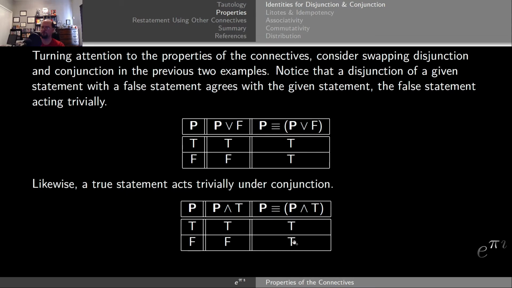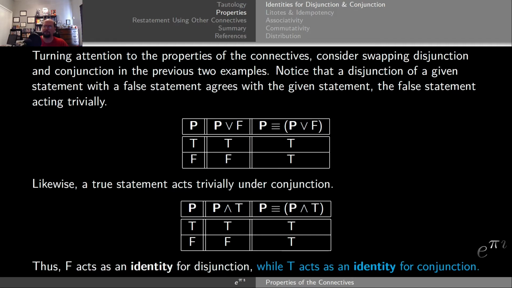False is equivalent to false, gives me a true statement. Notice that this is also a tautology. That is, conjunction with the true statement basically melts away. It's not needed. These act as what we might call identities. False acts as an identity for disjunction. It melts away, leaving me with what I started with. And the same thing is with true. True acts as an identity for conjunction.